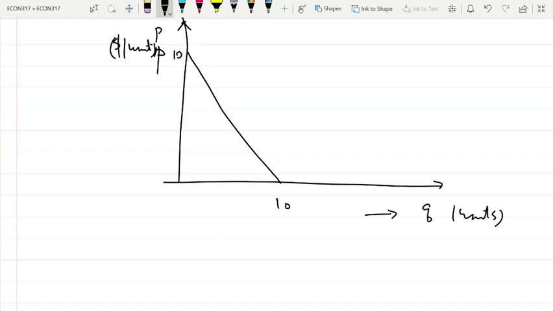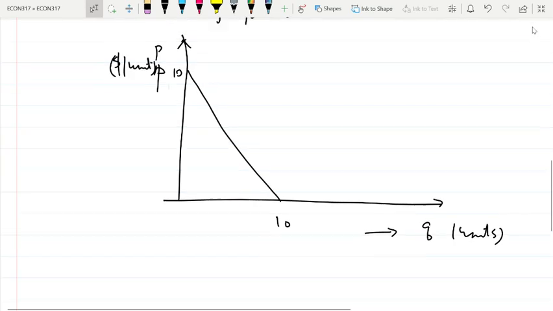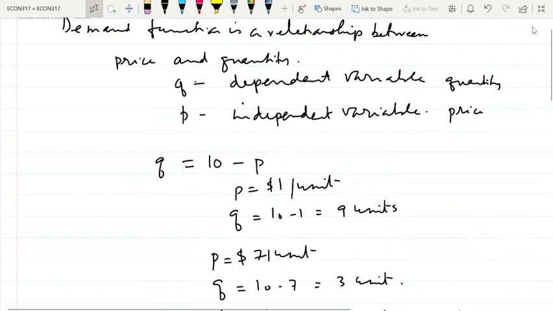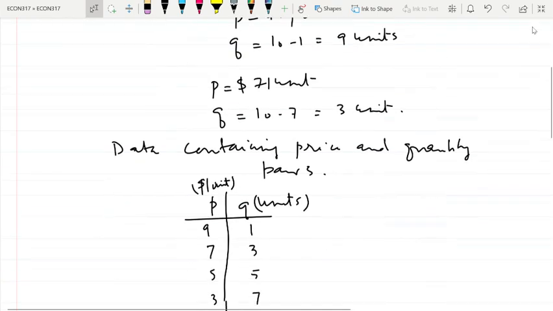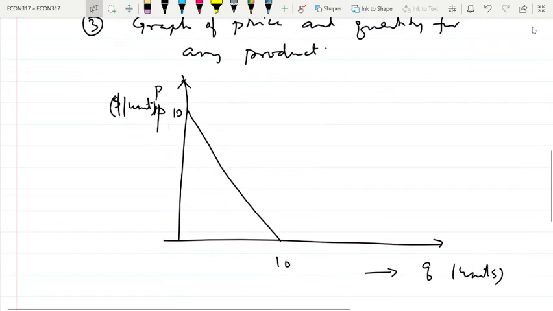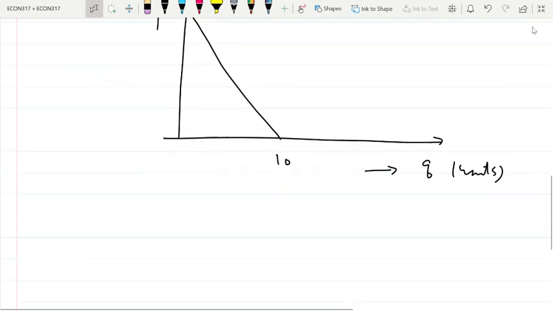So we can see that the formula I wrote here, quantity equal to 10 minus P, if we draw the graph, is exactly what we have seen here in this graph. And then we can also verify that the data we have listed there actually pertains to the same mathematical formula.